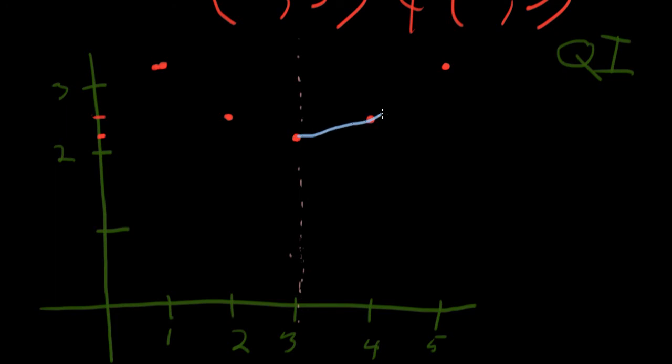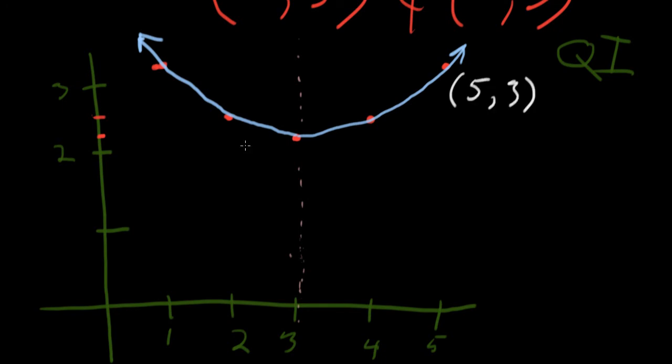And so I'm going to have a very gentle curve here and a very gentle curve here, and then I'm going to have to label my points.